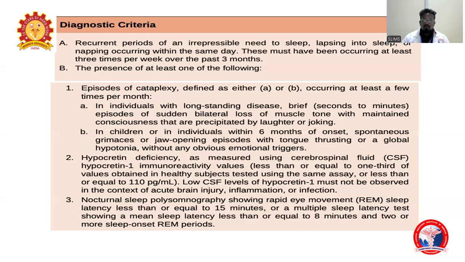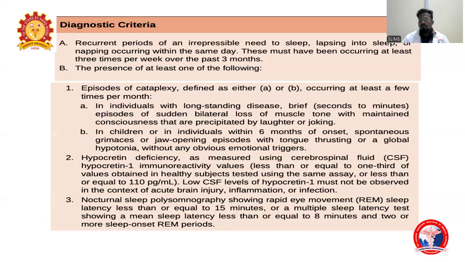And hypocretin deficiency, as measured using cerebrospinal fluid (CSF) hypocretin 1 immunoreactivity values; low CSF levels of hypocretin 1 must not be observed in the context of acute brain injury, inflammation or infection, which should be ruled out.